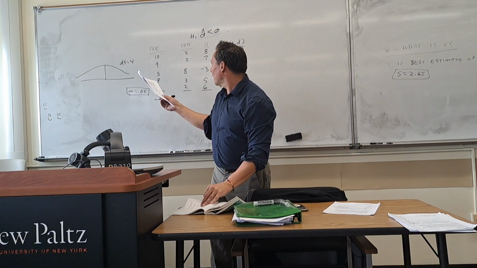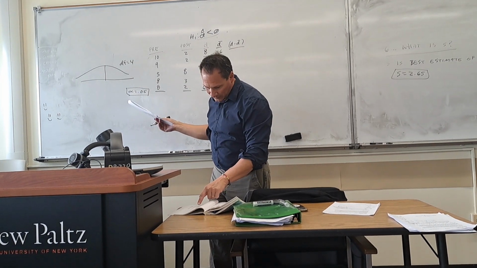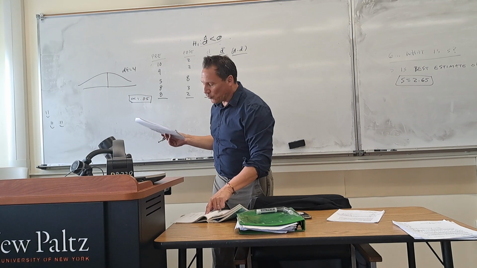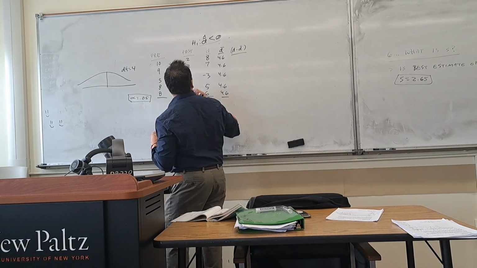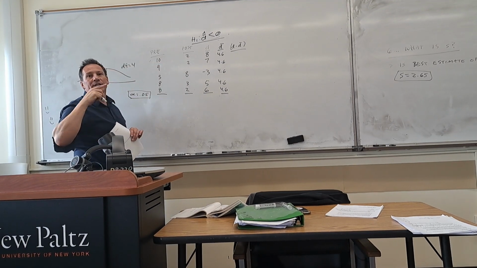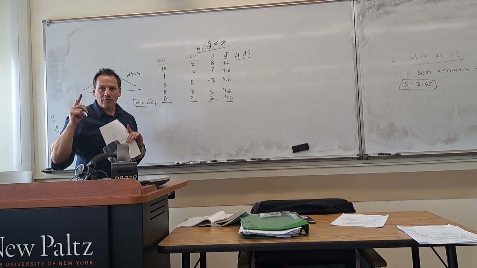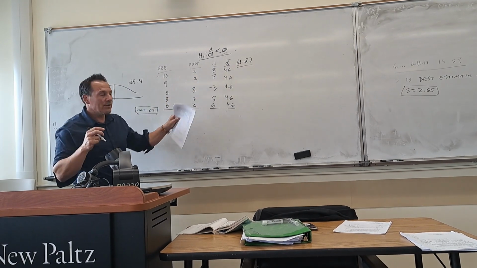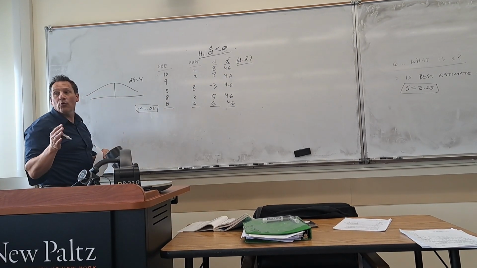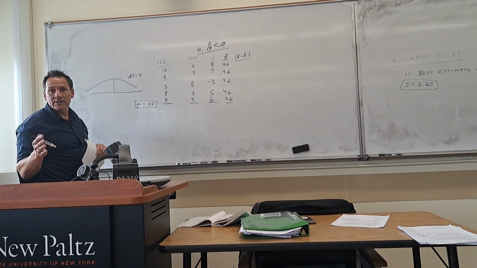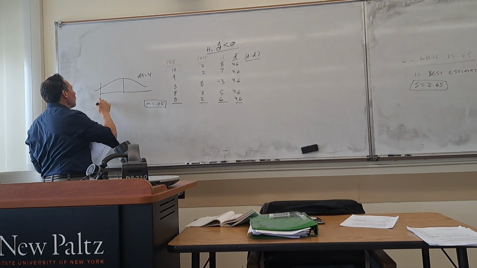When we look up 4 degrees of freedom, alpha of 0.05, one-tailed test, we get 2.13. But remember, the sign of t critical follows the research hypothesis. Therefore, it's not 2.13, rather it's what? It's negative 2.13. It's over here.